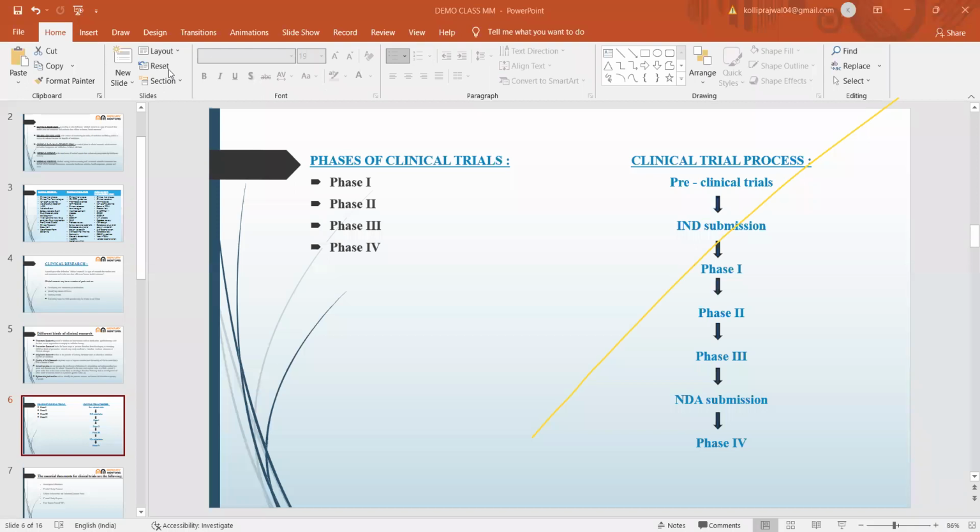Pharmacokinetic ADME, yes. Absorption, distribution, metabolism, and excretion. Bioavailability and toxicity are also included now.